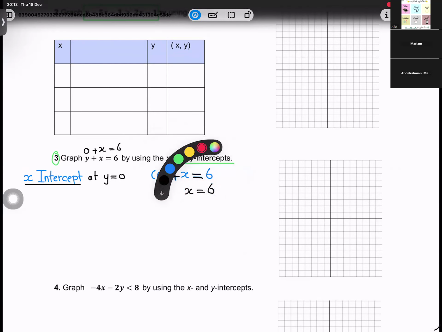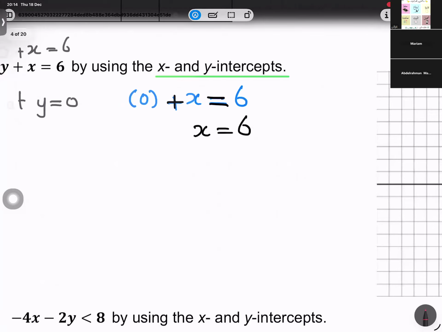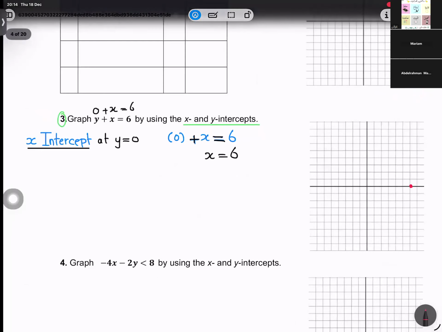We put 6 on the x-axis: 1, 2, 3, 4, 5, 6. Now the y-intercept. What is the y-intercept?